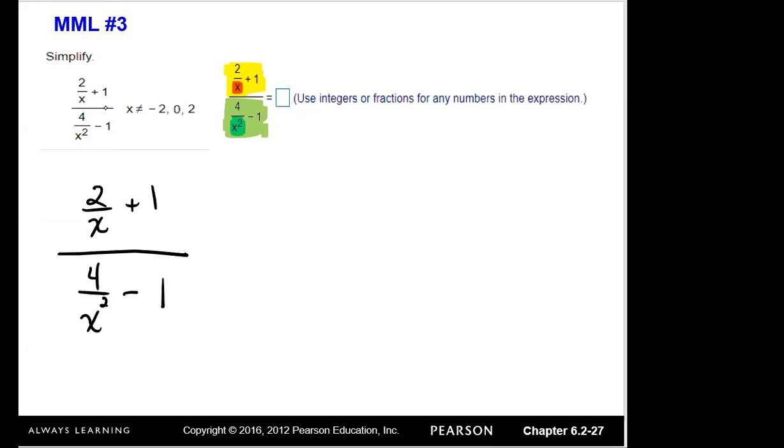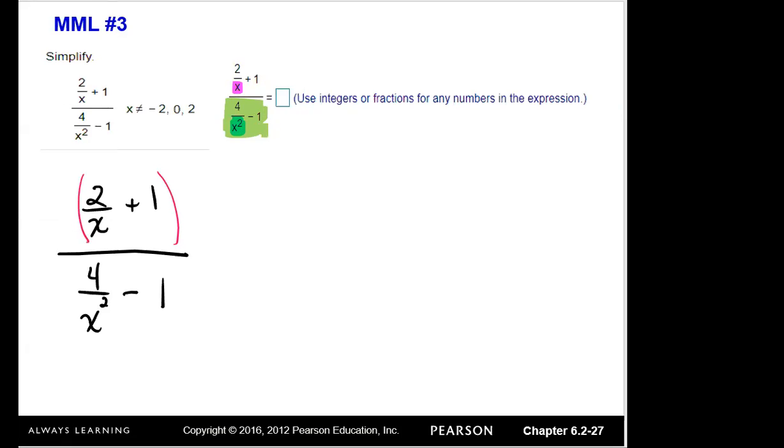So the light green is my original denominator, but then I have the pink and the blue. The x and the x squared are what I call my little denominators. So I have to get rid of the little denominators.